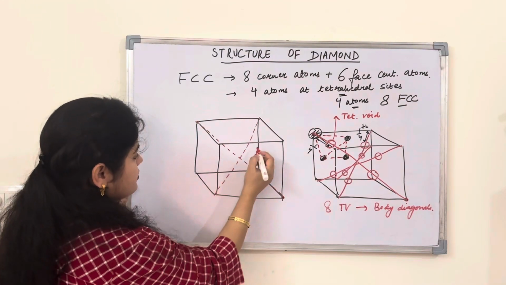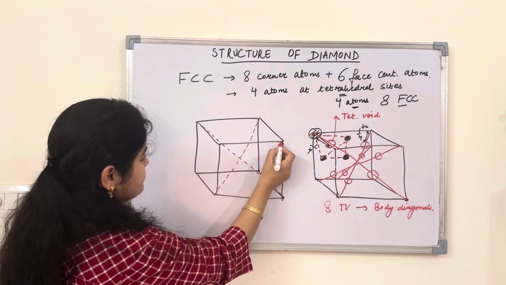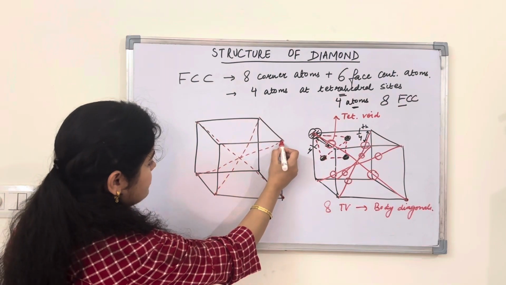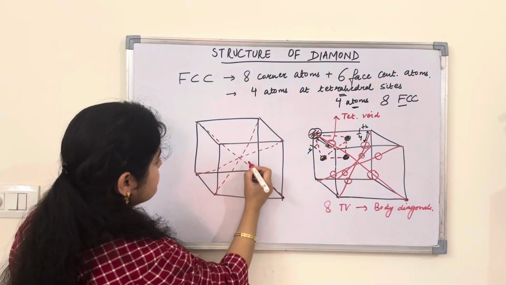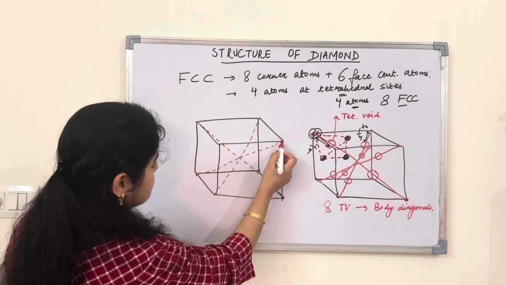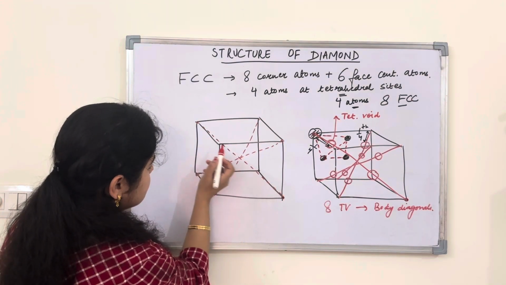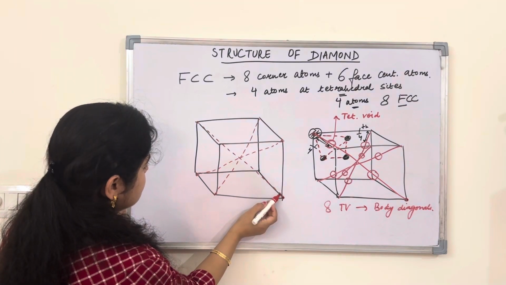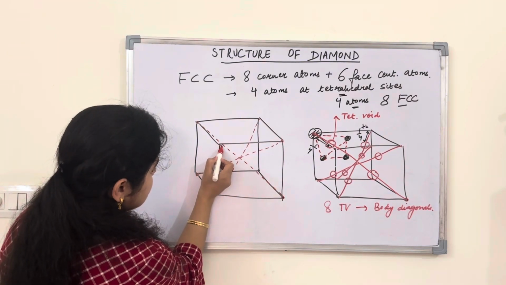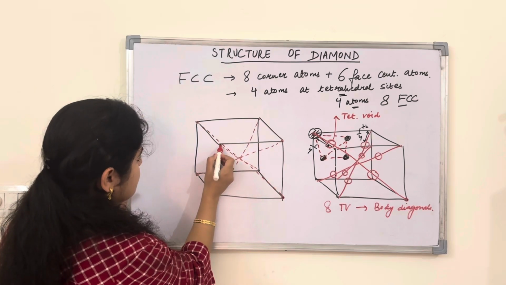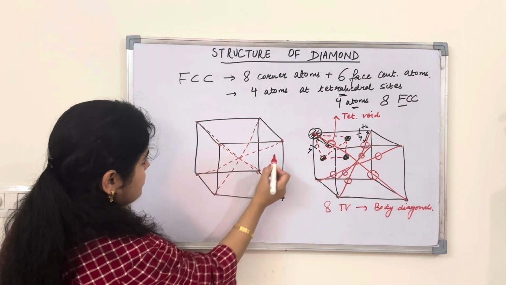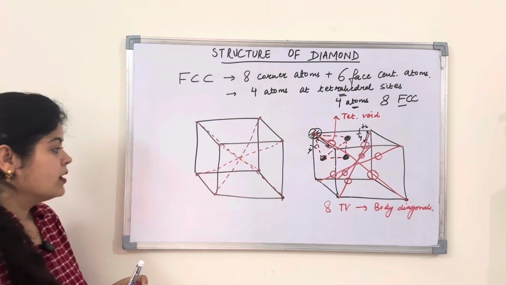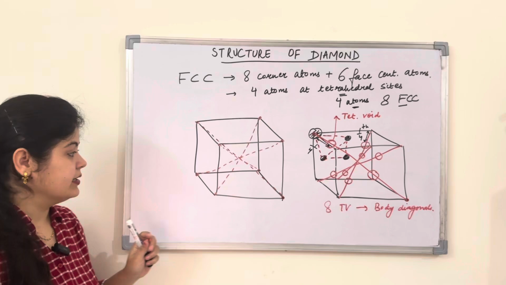This is another. This is the third one. And which one is left? This one. This to this and this to this. So these are all the body diagonals.